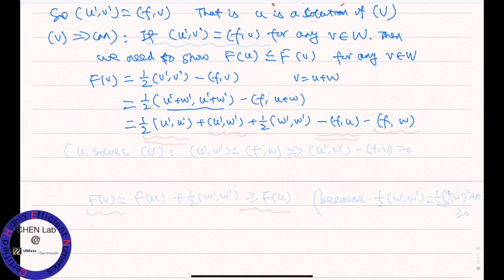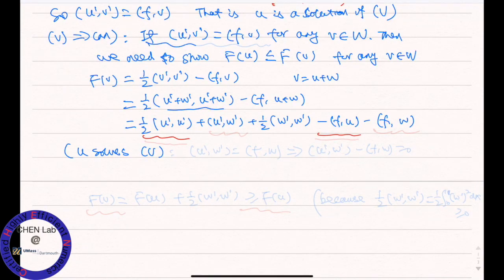So if you look at this, these two terms are 0. The reason is that this is a result of solving problem V, the V statement above, as we had here.